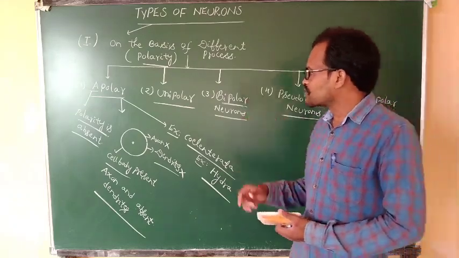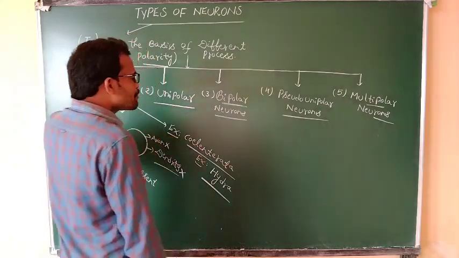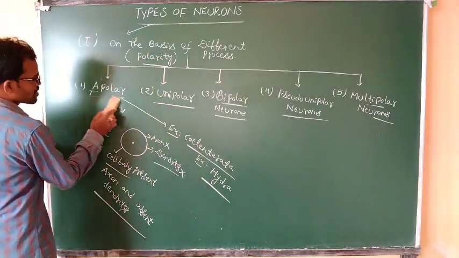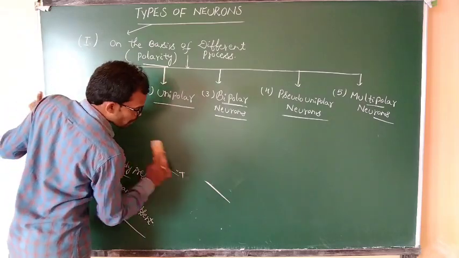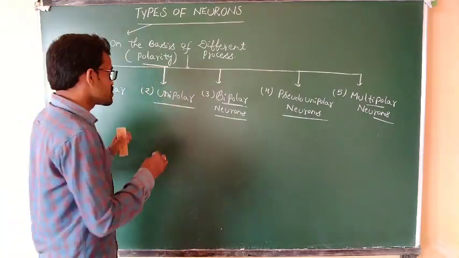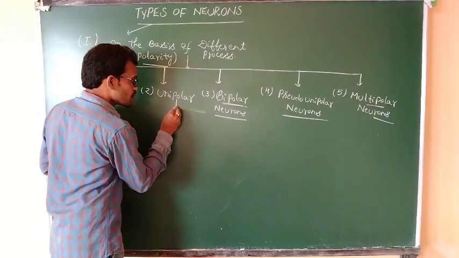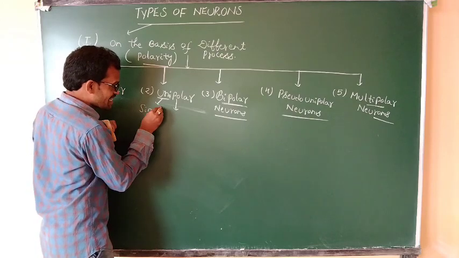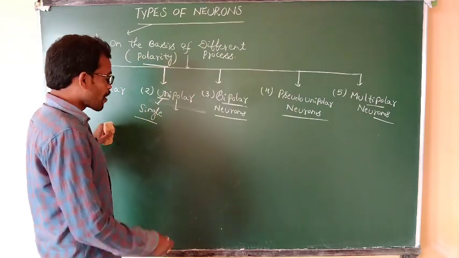Coming to the second, unipolar neurons. Uni means single polarity.